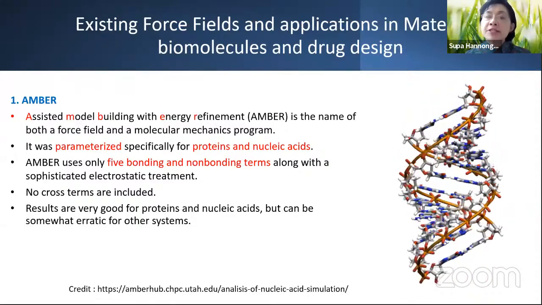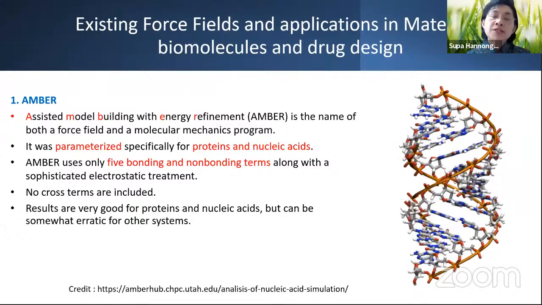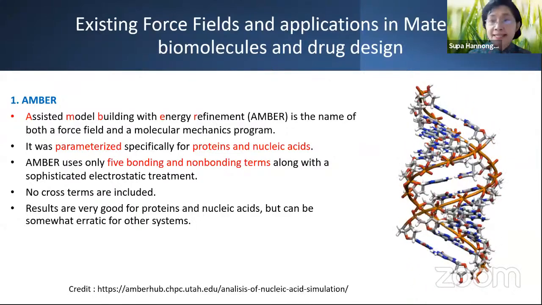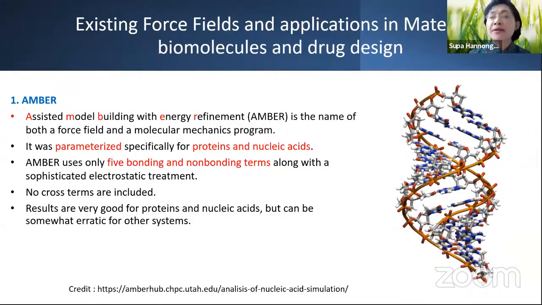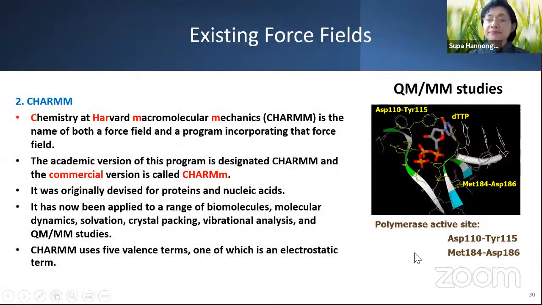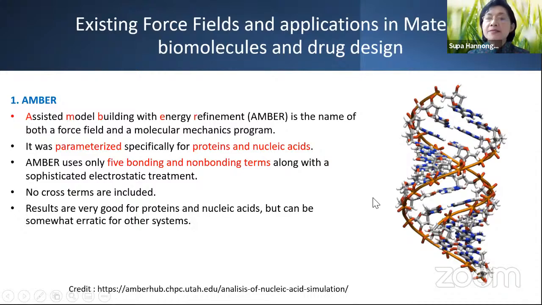In the first part, I show you the structure of butane. Very simple organic molecule, right? And molecular mechanics can do very well on that common organic compound. But for complicated structures like nucleic acid, you can see that it is not easy, right?